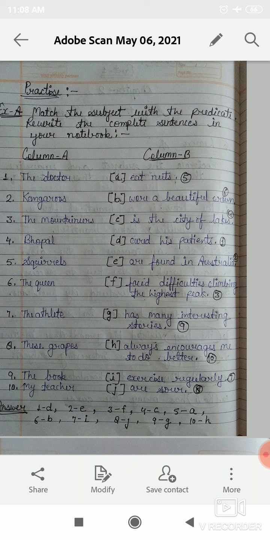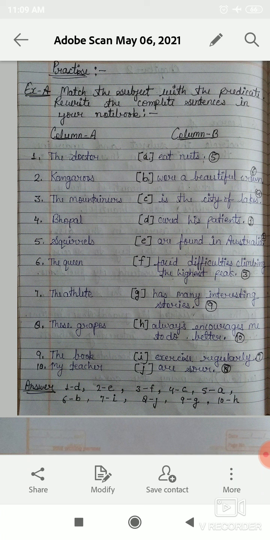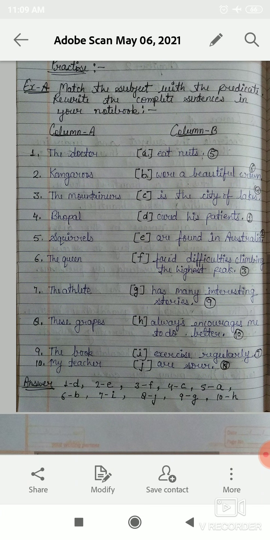After that you will write this exercise in your notebook, that is your HW copy. Okay, so students, here is column A and column B. You have to match column A with column B. Column A is a subject and column B is a predicate. Okay, so students, let's start exercise A.